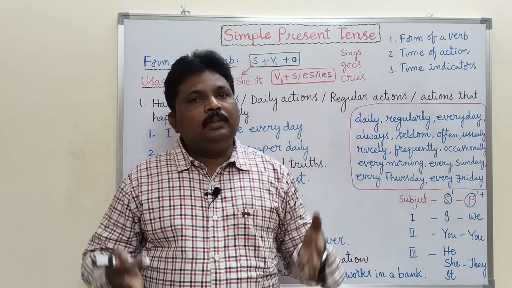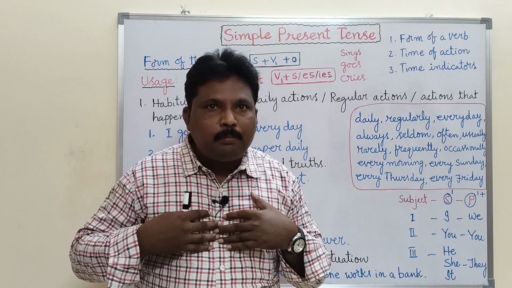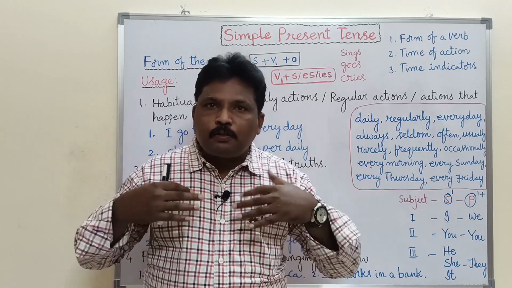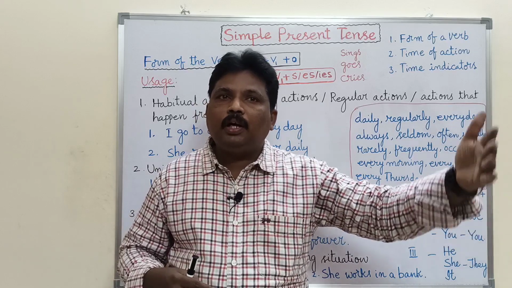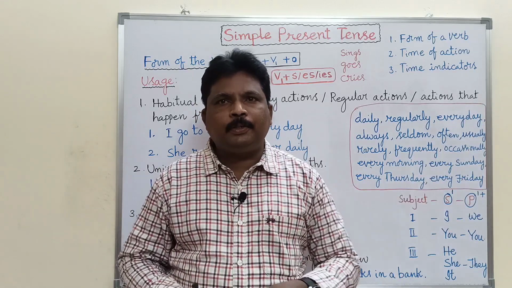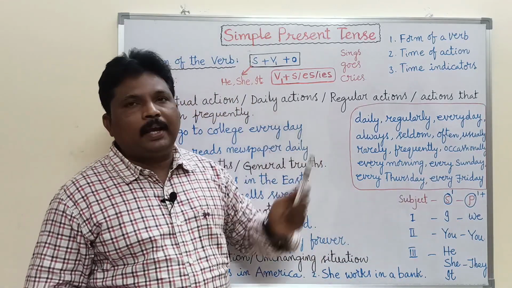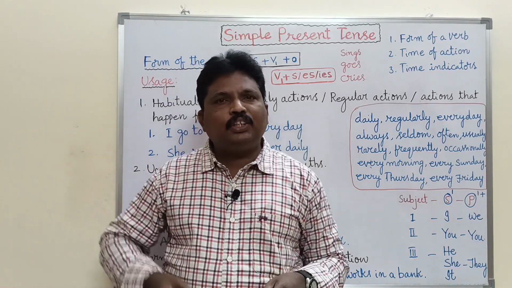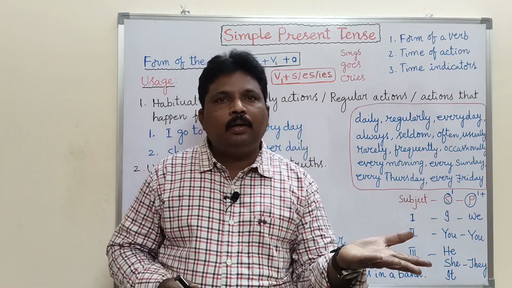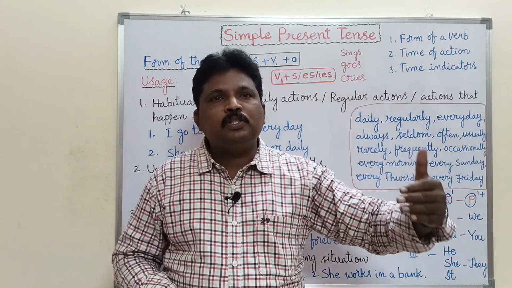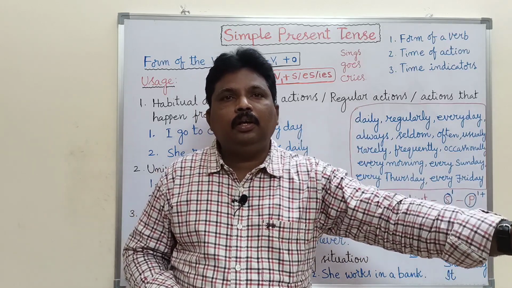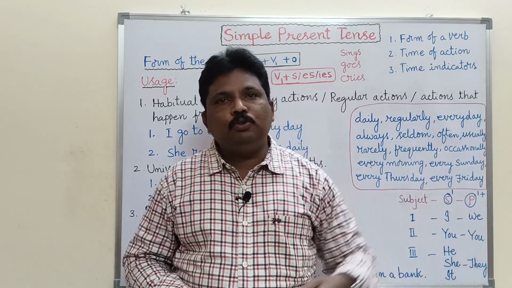When I say this sentence, it is my habit or my regular action. If I say the old man goes for a walk every morning, that is his habit. Let it be habit or regular action. When somebody does an action regularly, it might become a habit. When some people do some actions at a specific point of time, it may be the regular action or daily action or habitual action.